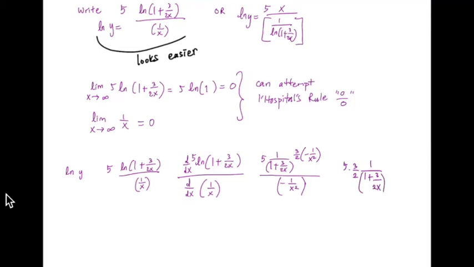And now I see that if I take the limit of this value as x goes to infinity, the value 3 over 2x will go to 0 because 2x will get large. So then this part will be 1. So the limit is 5 times 3 over 2.